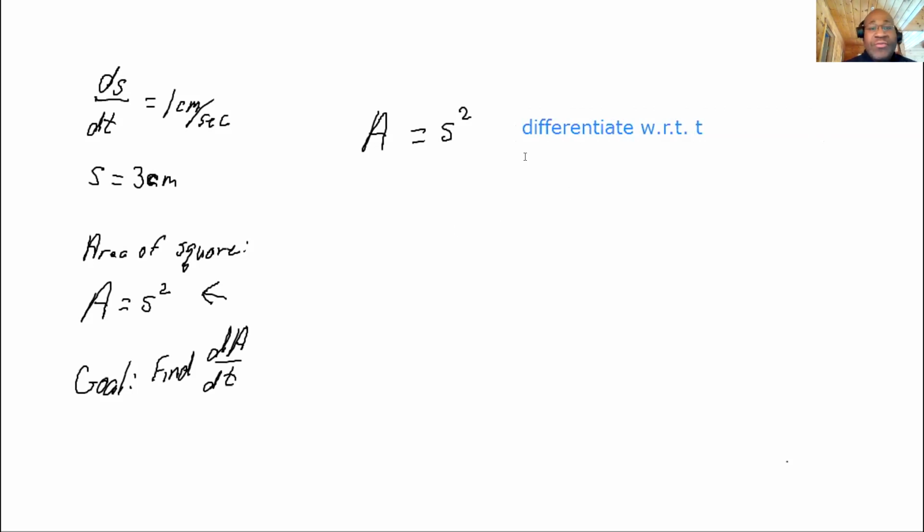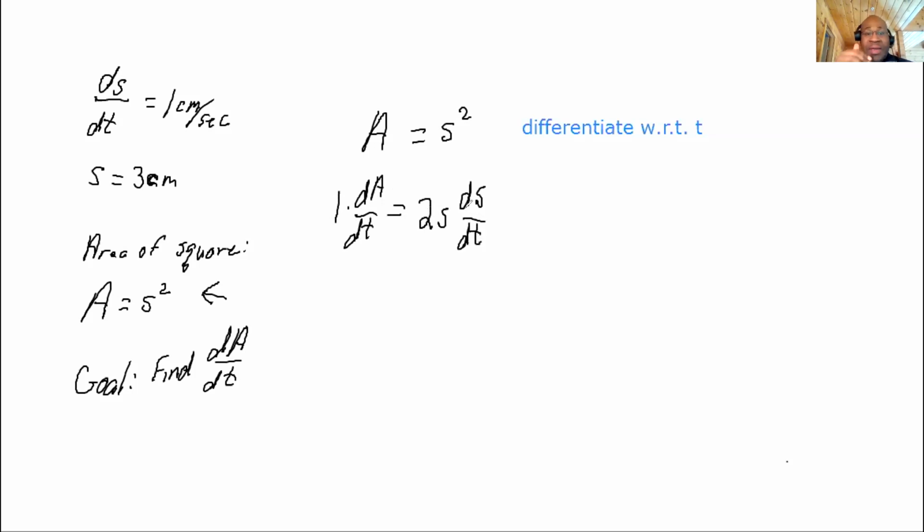So if we differentiate both sides of this equation, the derivative of A is just equal to 1, so this will be 1 times dA/dt. On the right side, the derivative of s squared is going to be 2s times ds/dt.